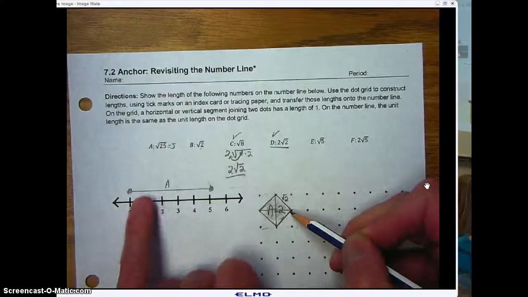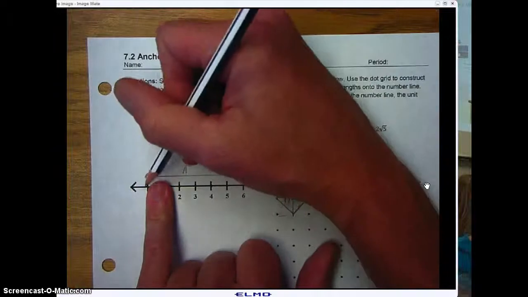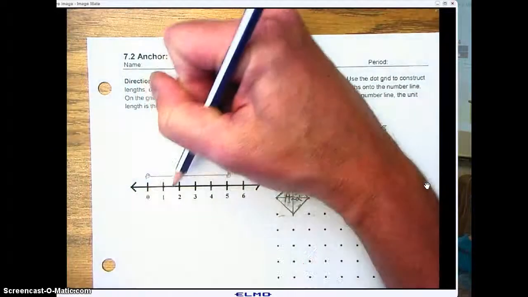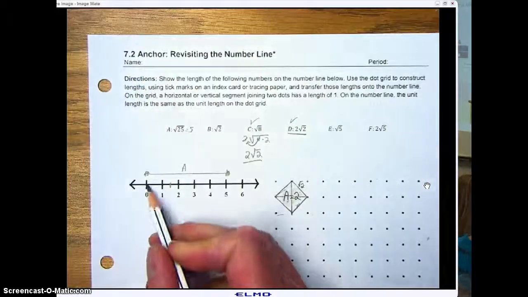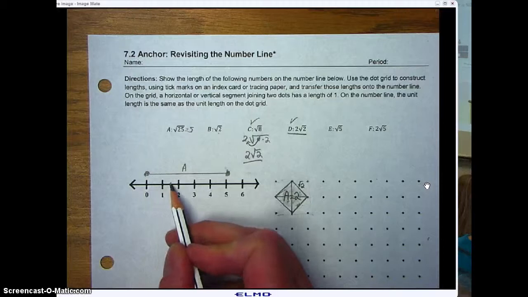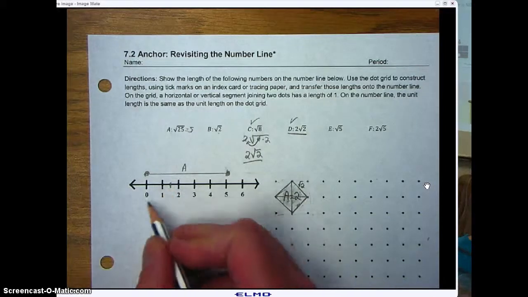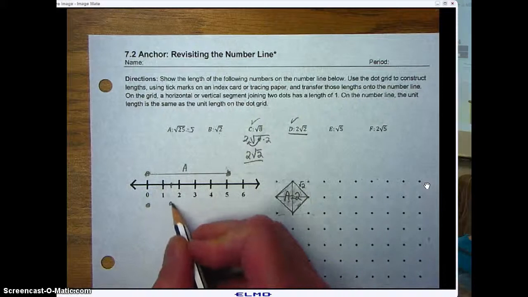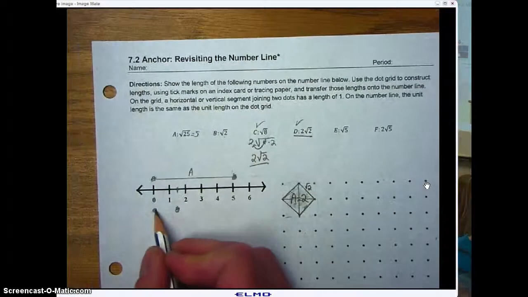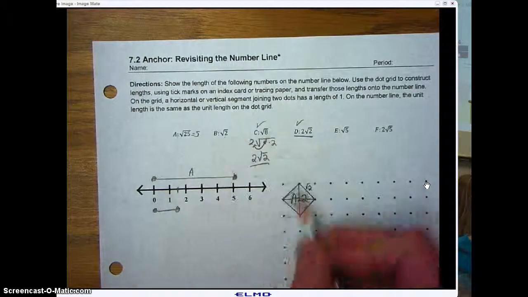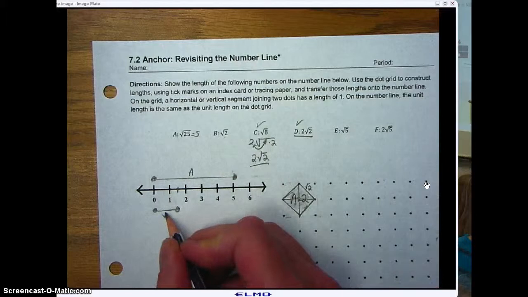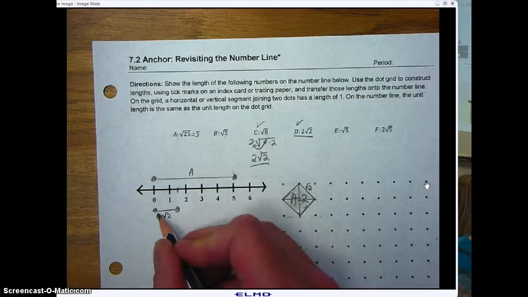Well, the square root of 2 is somewhere about right there. Well, guys, that's about what? 1 point something? I don't know, 1.4 perhaps? And if you remember the square root of 2 when we played with the calculators, the square root of 2 is 1.4. So there's the square root of 2, which is B.